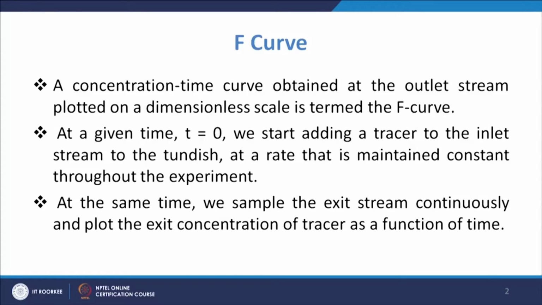So, in the case of the F curve, how we go with it is that at a given time t equal to 0, we start adding the tracer into the inlet stream at a rate that is maintained constant throughout the experiment.